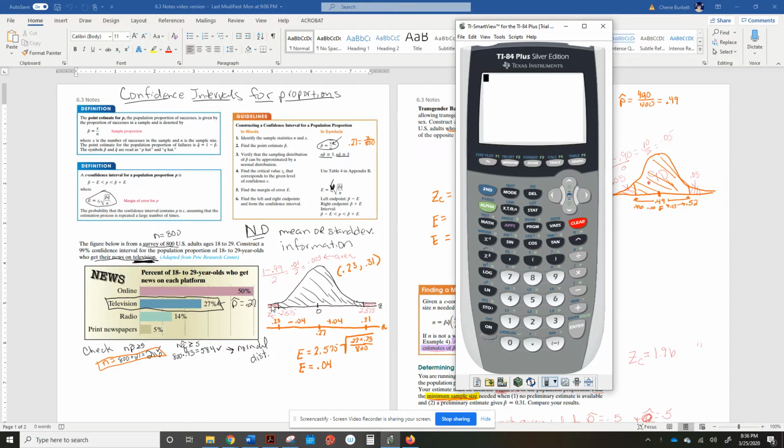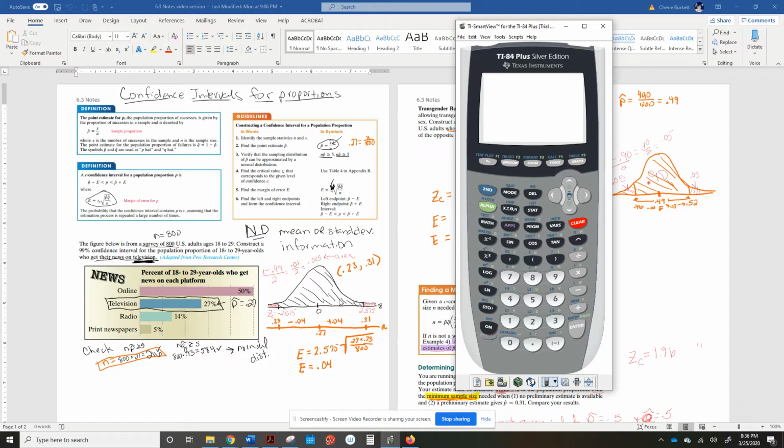First of all, to get your critical value, remember that's just finding a z-score for a known area. A z-score with an area is a distribution, because we're looking at a normal distribution right here.